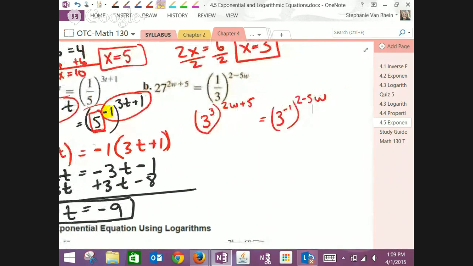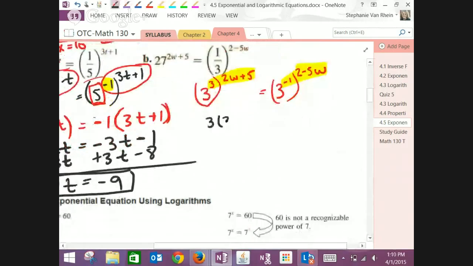So now the exponents are equal to each other. So I have 3 times 2w plus 5 equals minus 1 times 2 minus 5w. Parentheses are your friend here because you want to make sure that you're distributing that power to both terms.